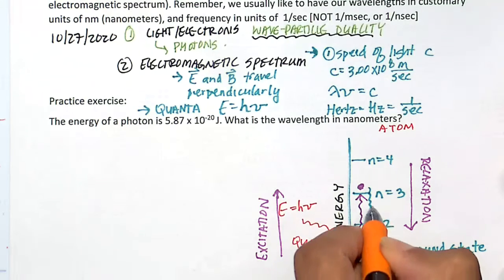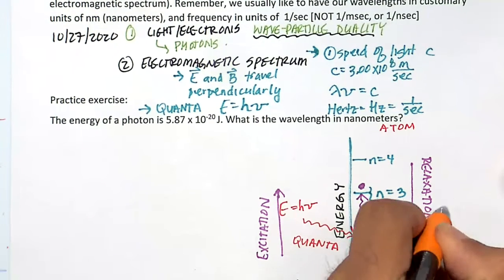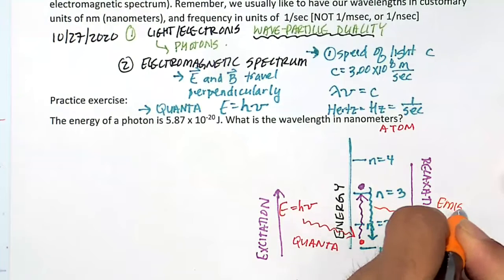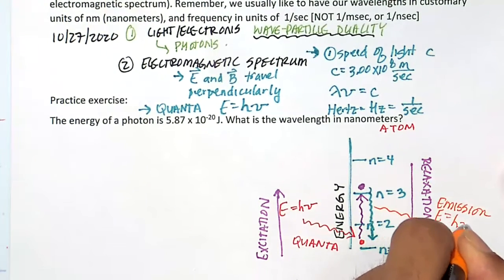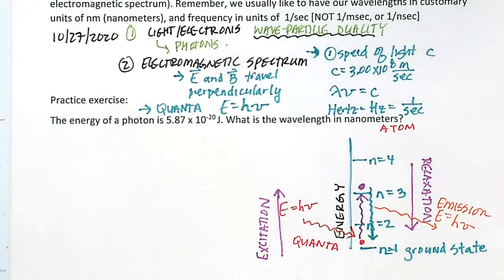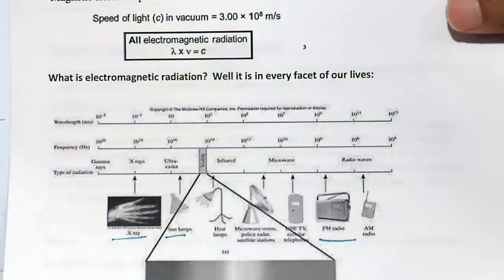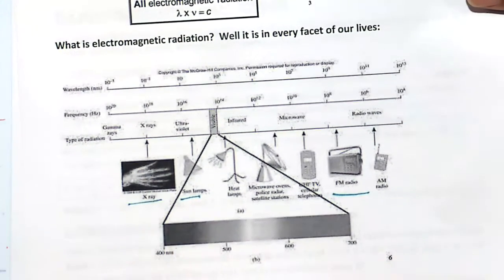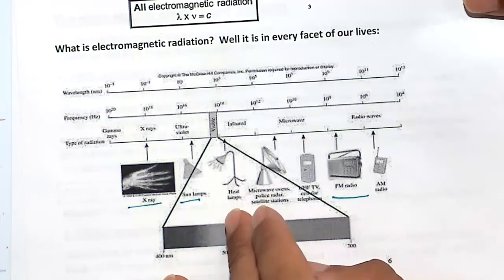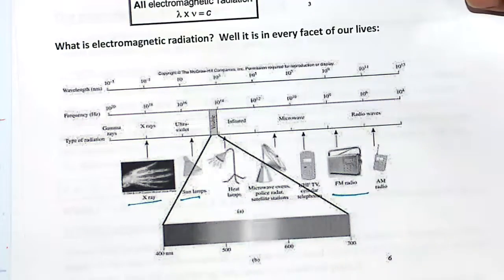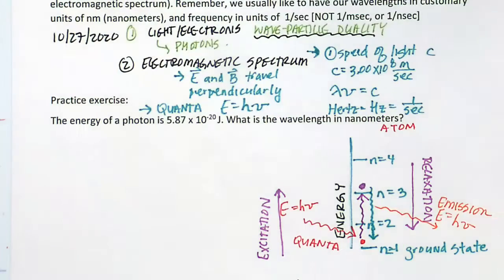It's going to emit energy that's part of the electromagnetic spectrum. It could emit visible, it could emit UV, it could emit IR. In fact, I think we mentioned this at the closing of last week.